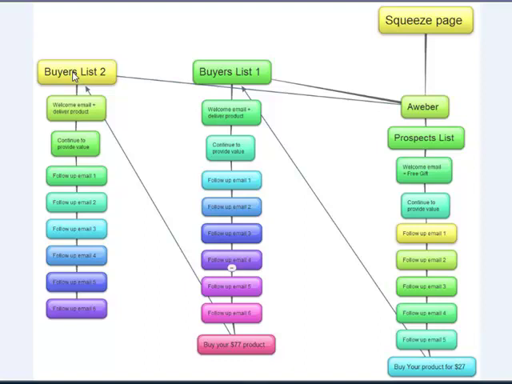And this can of course continue. You can have a buyers list number 3, 4, 5 and 6, so you can continue to offer them different products in different price ranges. Of course you don't want to offer somebody a $300 course as soon as they enter your list. You want to obviously work up in different increment levels.